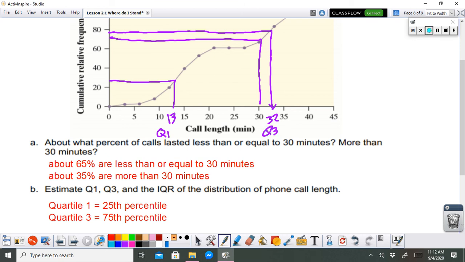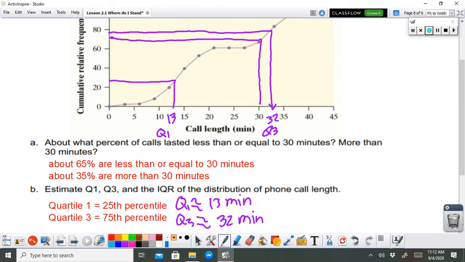And so what is my IQR? So my Q1 is about 13 minutes. Do you guys see my wiggly equal sign? That means about or approximately. And then my Q3 is approximately. I didn't say equal because I'm not really sure. It's just all estimates.